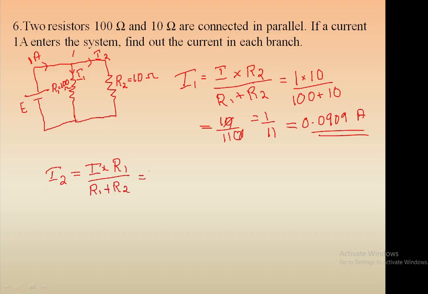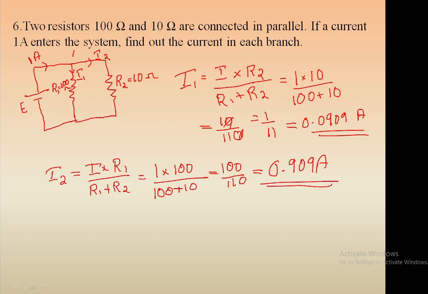So that is equal to main current 1 ampere, resistance in the other branch, that is 100 ohm, divided by 100 plus 10, that is equal to 100 divided by 110, that is equal to 0.909 ampere. So we have calculated the current through each of the branches.